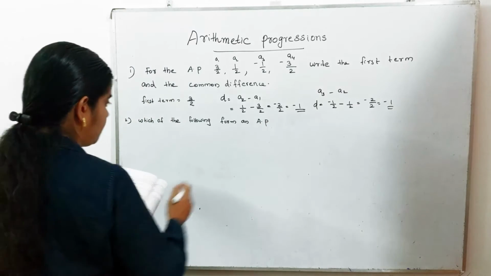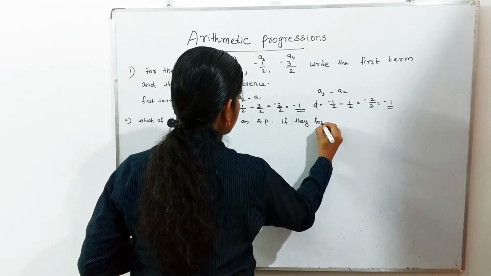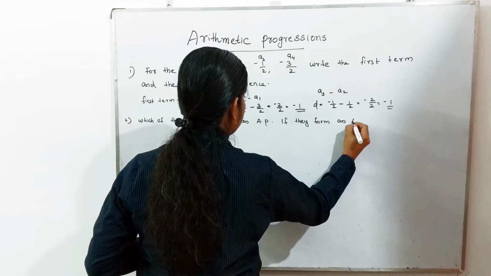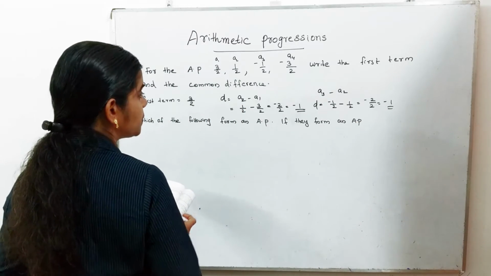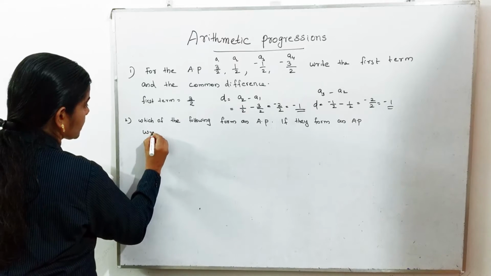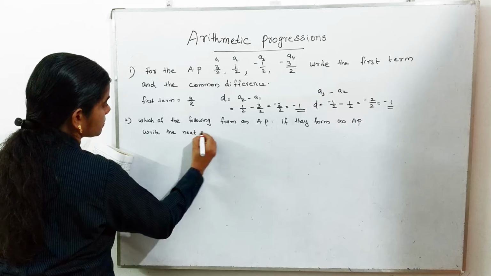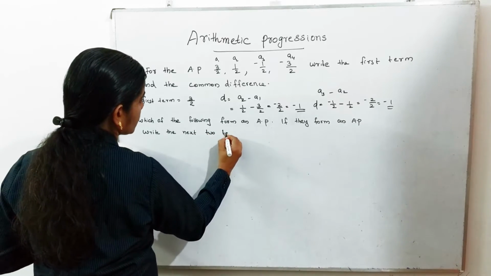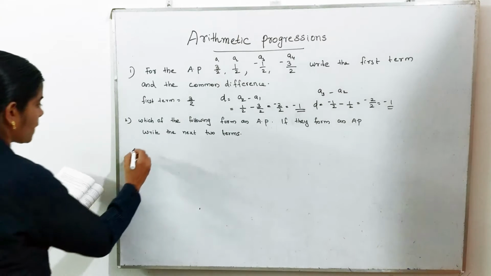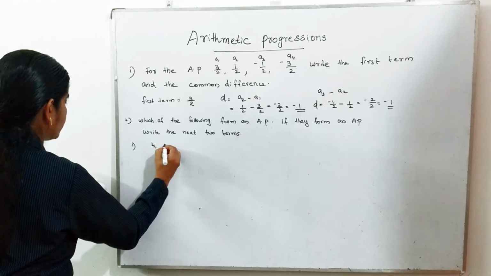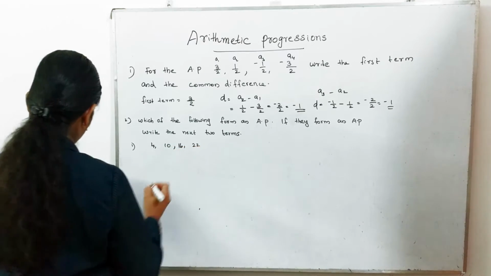If they form an AP, write the next two terms. First one: 4, 10, 16, 22.